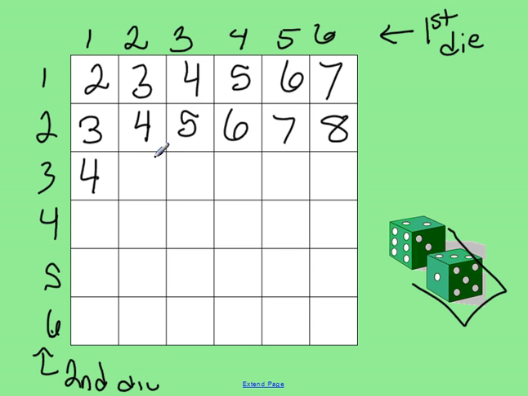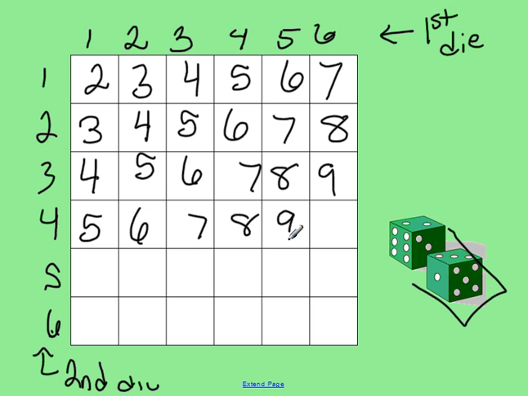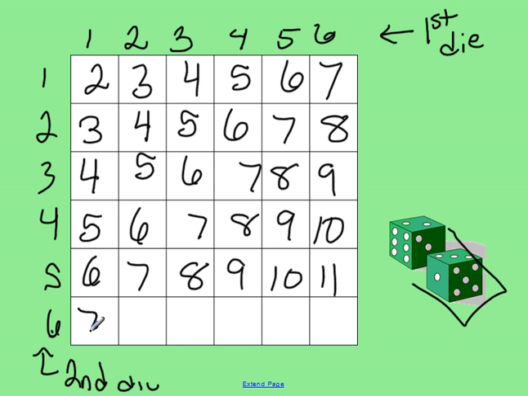And so you can see a pattern starting to form that makes making this dice chart a lot easier. So on the OAA, I expect that in your work, you'll have several of these dice charts drawn because I know that there's going to be questions like this.